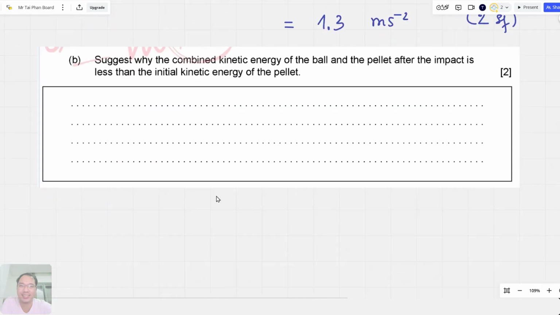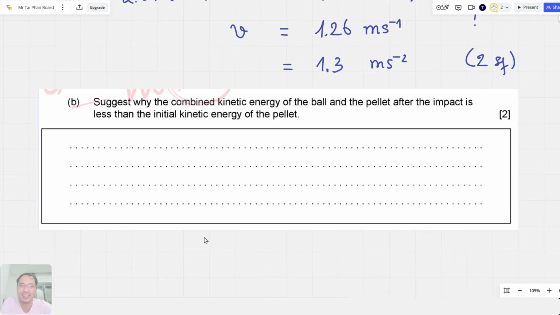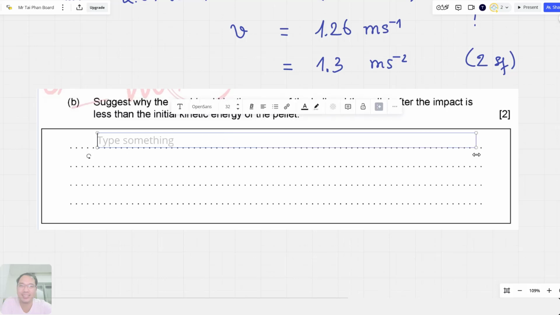Actually, it's because we don't have a tool to observe it. For example, if we had a very sensitive thermal camera to record the process, we would see that the temperature of the two objects increases during the collision, which means that the kinetic energy of the pellet is transferred into thermal energy when they collide.